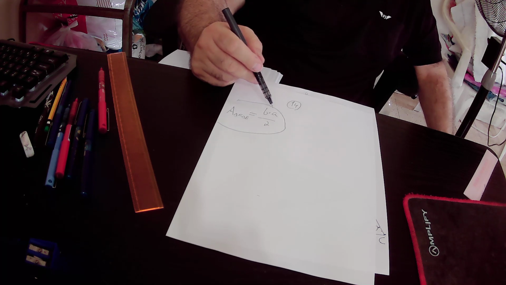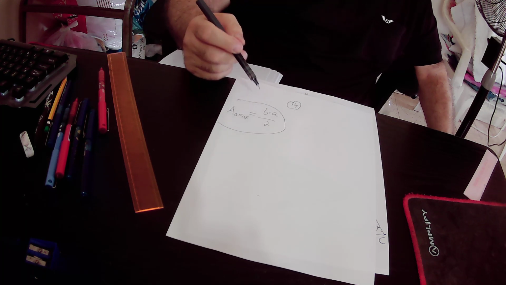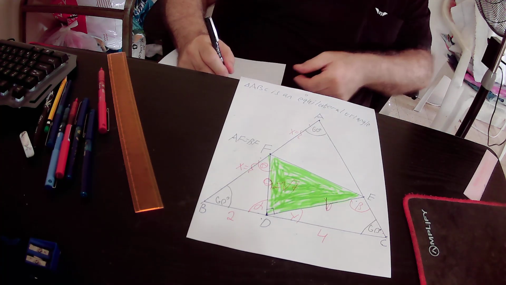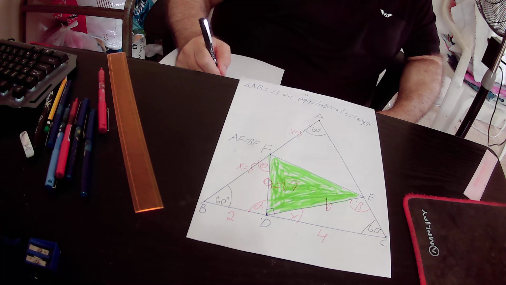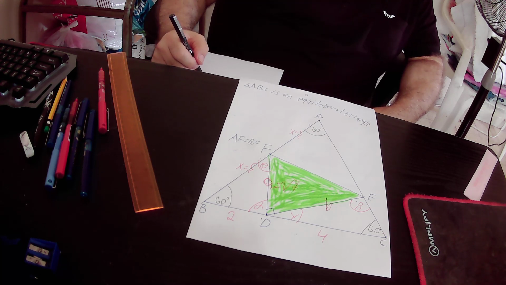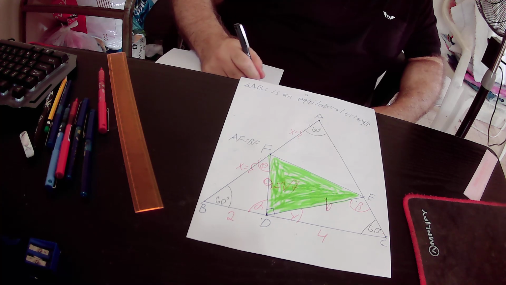So a equals root 7 units, and b equals root 7 times root 3 times 4 over 5, and we will divide everything by 2.